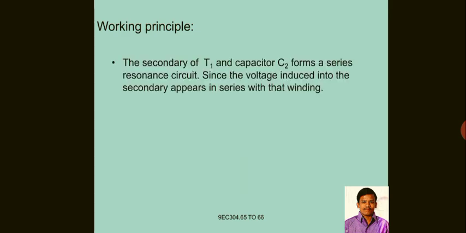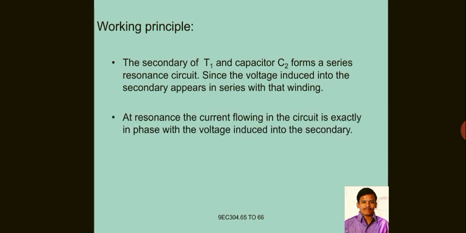The secondary of T1 and capacitor C2 form a series resonance circuit. Therefore the voltage induced in the secondary appears in series with that particular winding. At resonance, the current flowing in the circuit is exactly in phase with the voltage induced in the secondary.